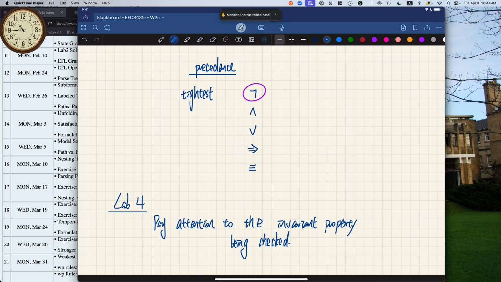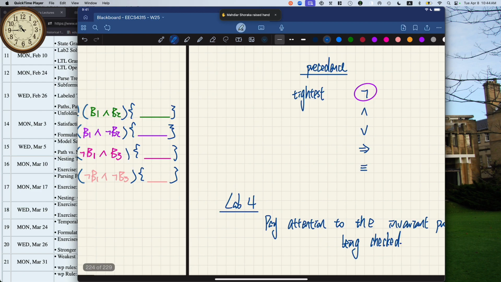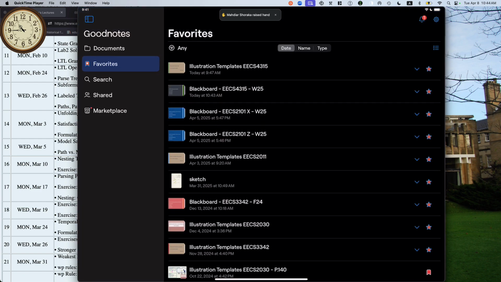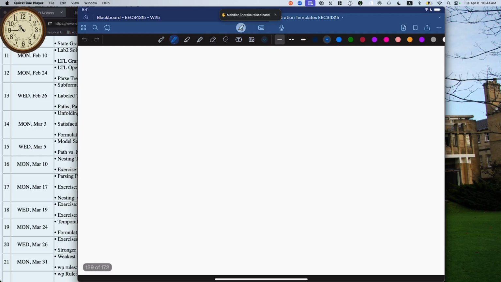Okay, go over the solution for S2, exercise 7.1. Okay, let me see. One moment.